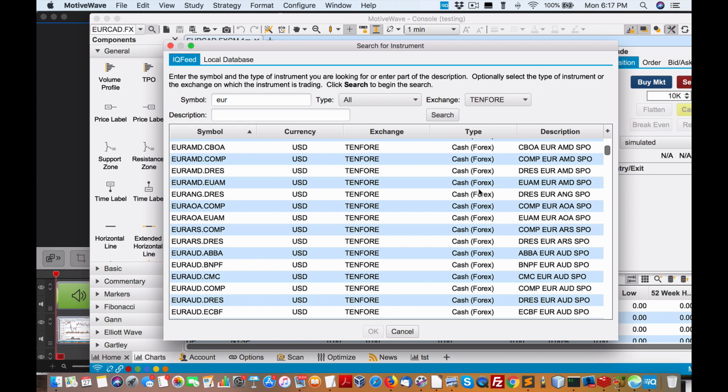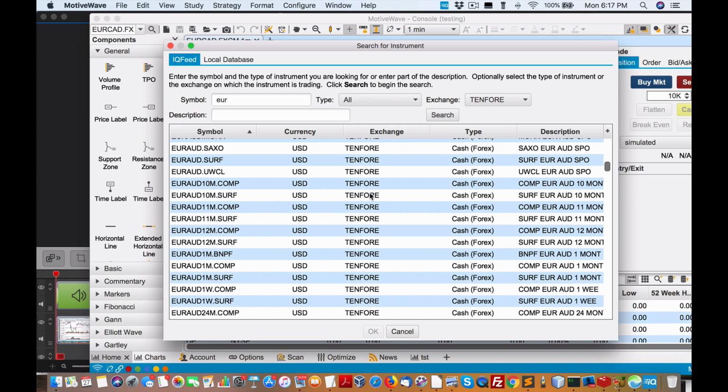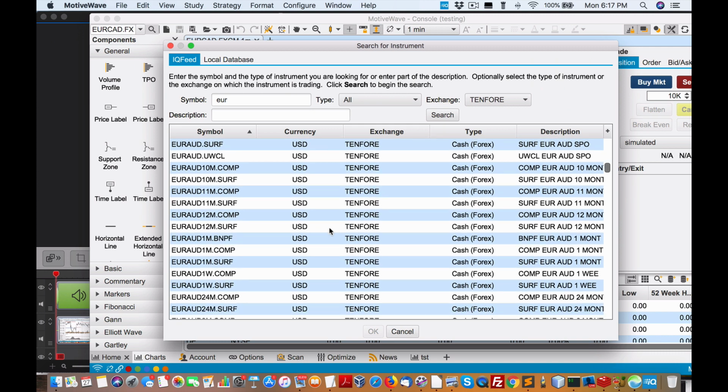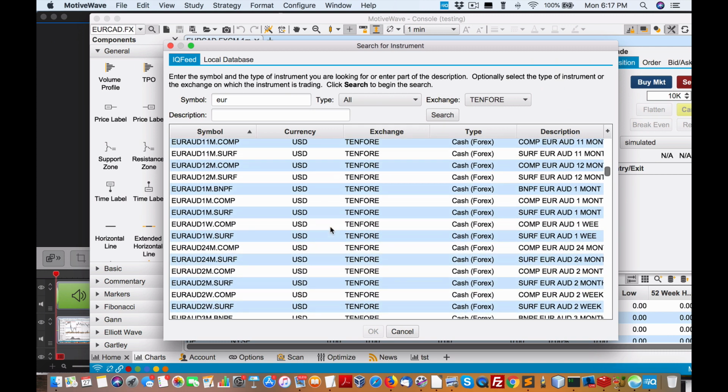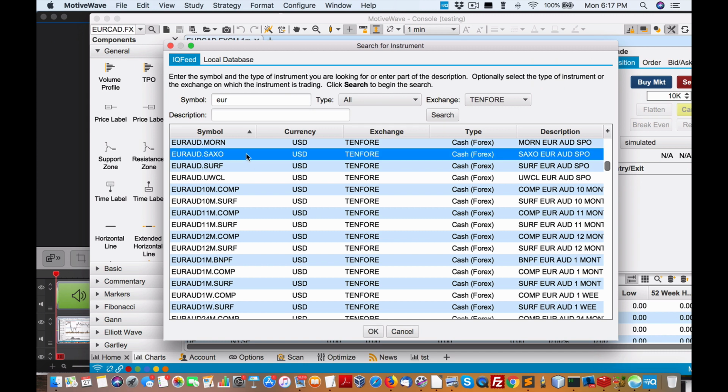So in my case, I can look at pretty well any pair I want out there, contracts, I mean, it just boggles my mind. So I'm just going to randomly choose, now this is on Saxo Bank, I assume, Euro Australian spot.